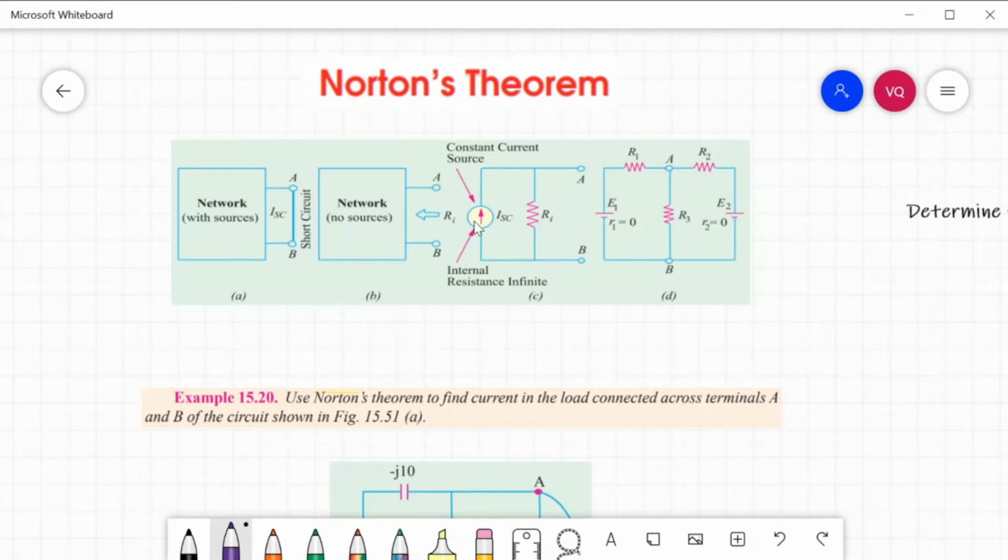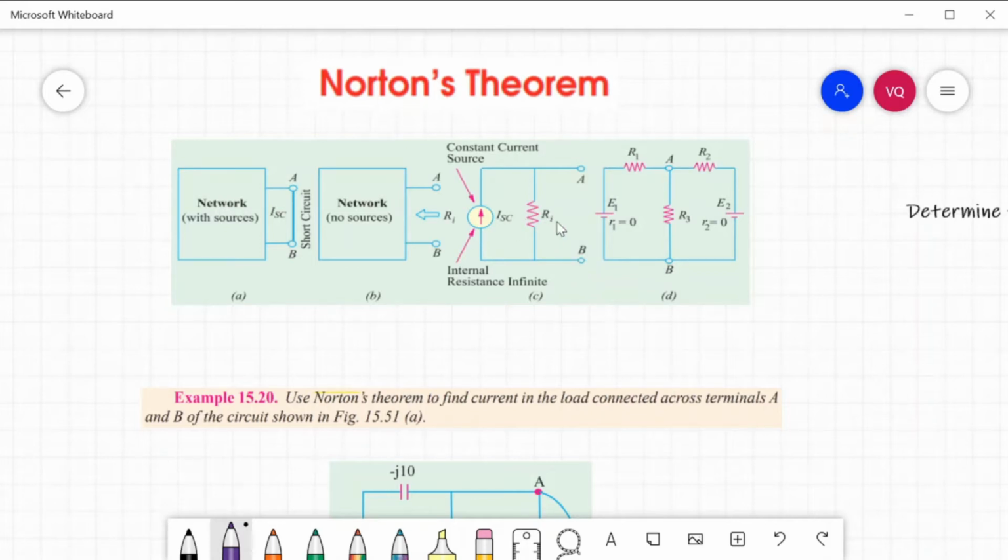Same as in Thevenin's theorem, ZTH and ZN are the same. So after solving the ZN and the ISC, this will be now your final circuit. Terminals A and B is the impedance which you removed from your original circuit.